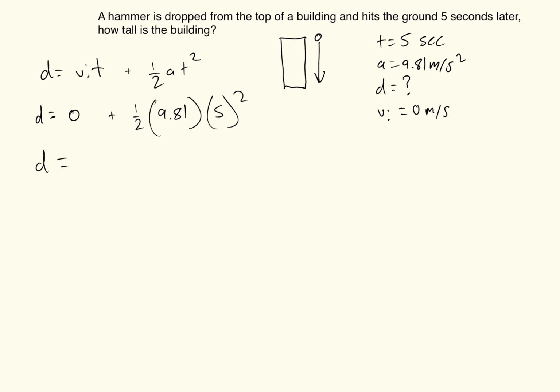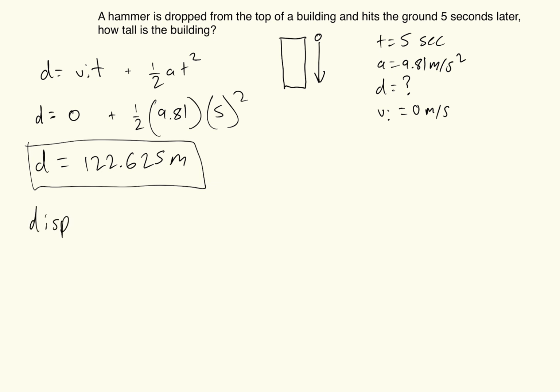So D is equal to 122.625 meters. And if you were to try to find the displacement, it would simply equal negative 122.625 meters. So we can see these problems are kind of repetitive, and once we have the formula and we follow the process, they're very straightforward.